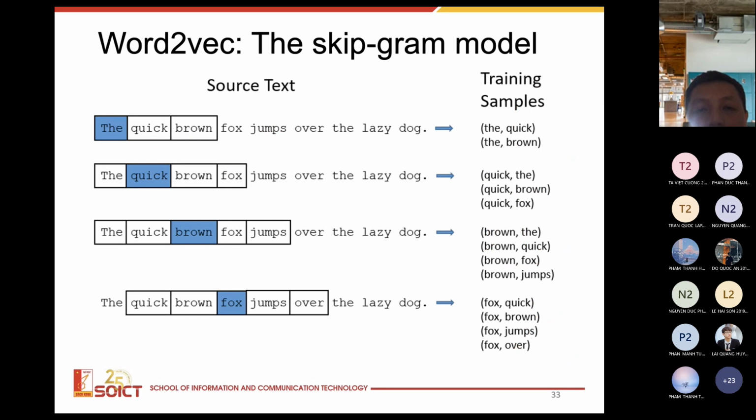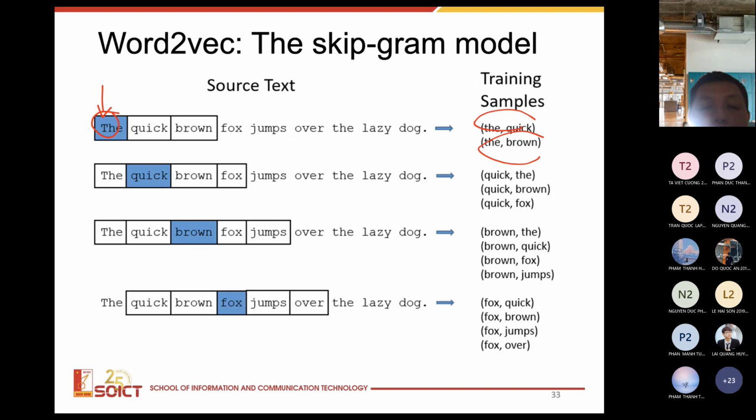To train the skip-gram model, we can easily get training samples from a source document. For example, we extract a sentence, and from the sentence we extract training pairs. If the context window is 2, and we consider "the" here, then we have "quick" and "brown", because if we input "the" into the model, we want to predict "quick" and "brown".